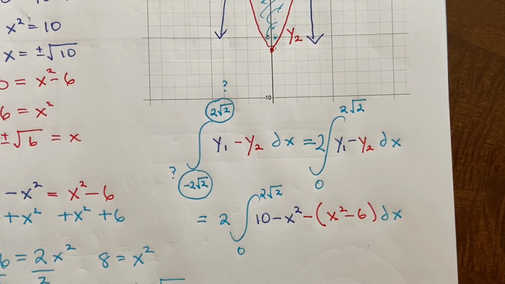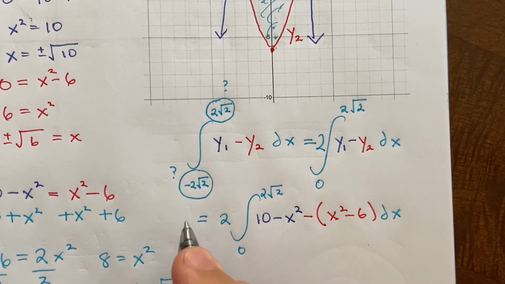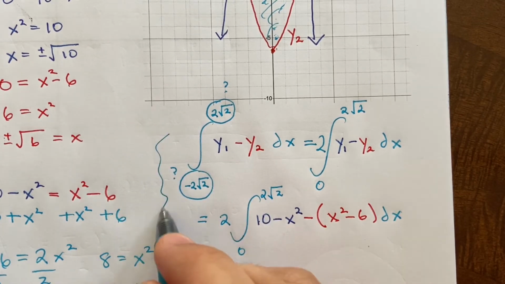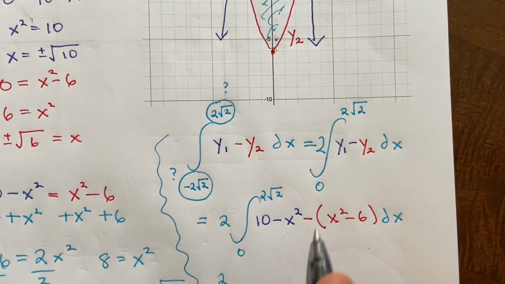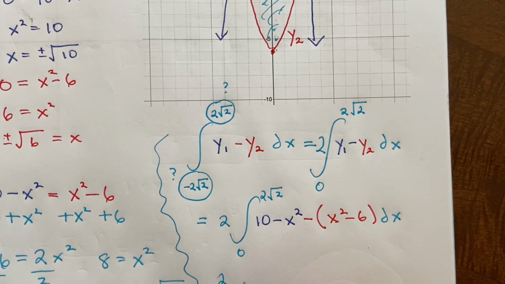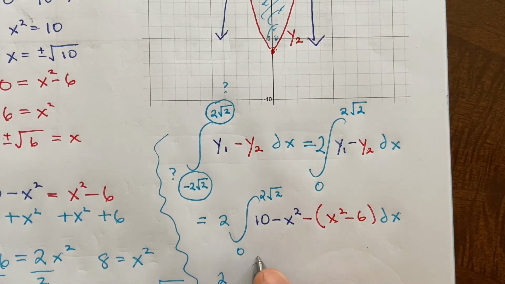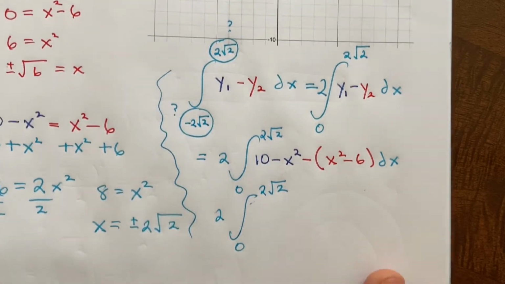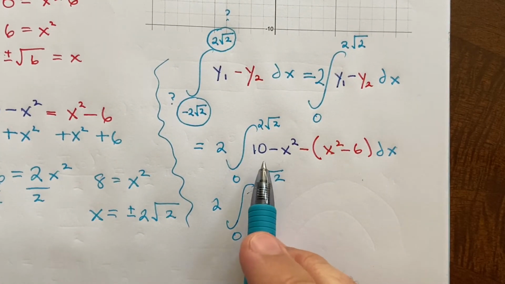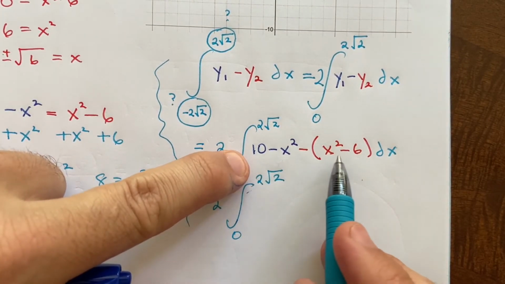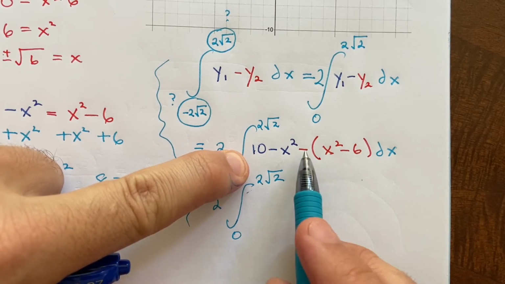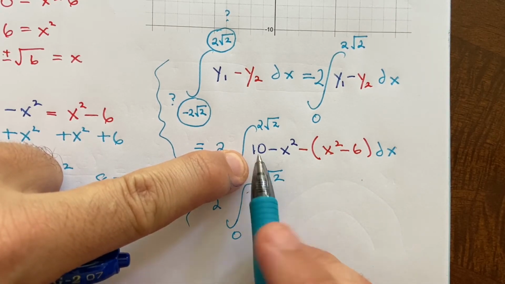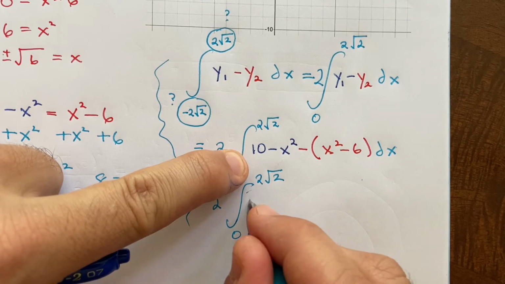Combine like terms, integrate, right? All that good stuff now. So 2 times the integral from 0 to 2 root 2 of, so this is going to turn into positive 6, and then I'll add that to 10 to make a 16.